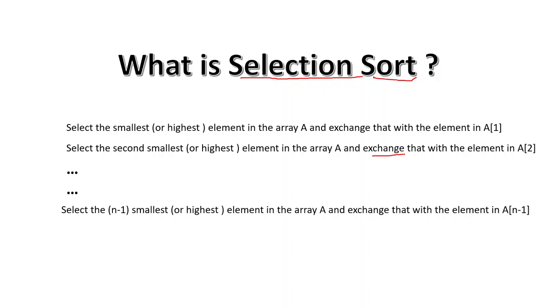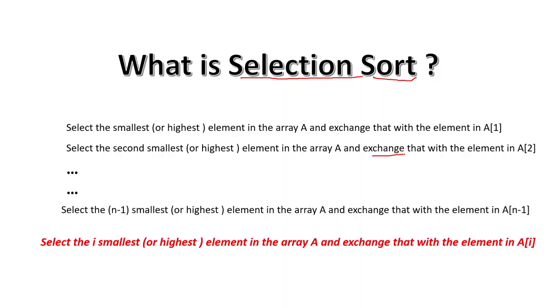So, if I need to give you a more general overview, I can say that at any step i, select the ith smallest or highest element in the array and exchange that with the element in position number i. Now, in this case, I have considered that the indexing starts from 1.